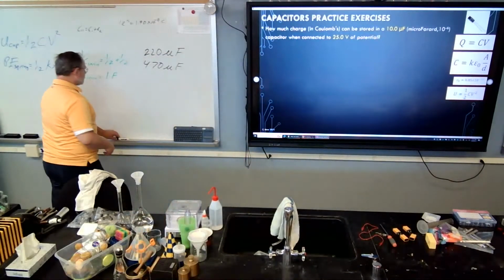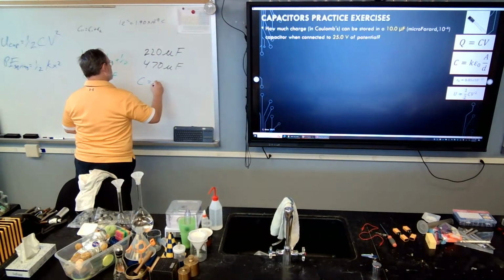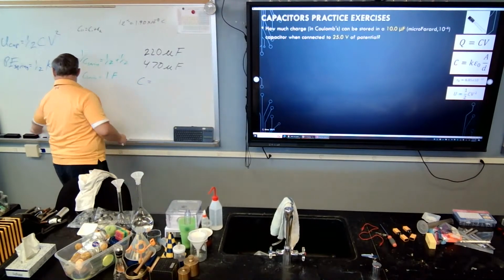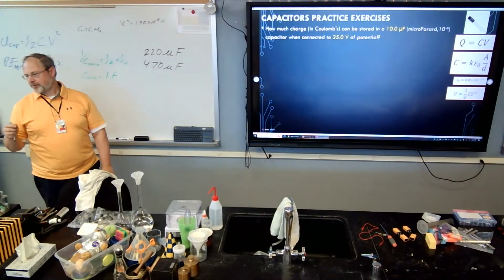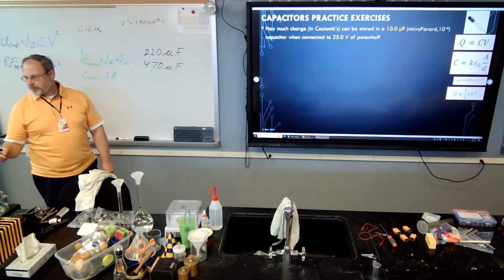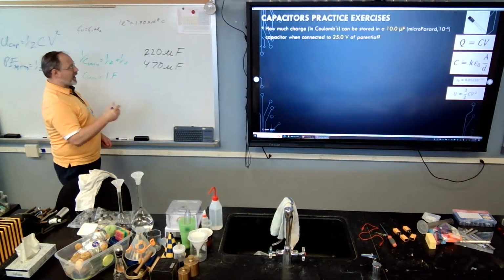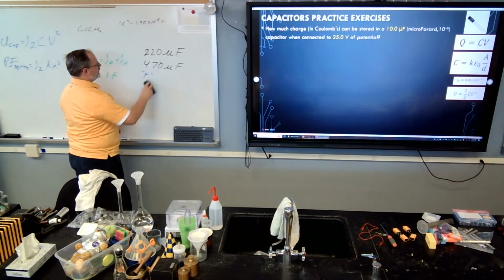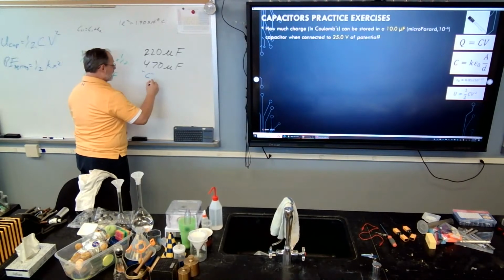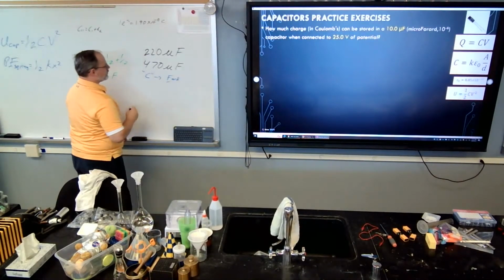All right, so it's pretty simple. Our formula is the capacitance equals charge. In circuits, the variables and the units are really tricky. Capacitance has the variable C and the unit F for farad.